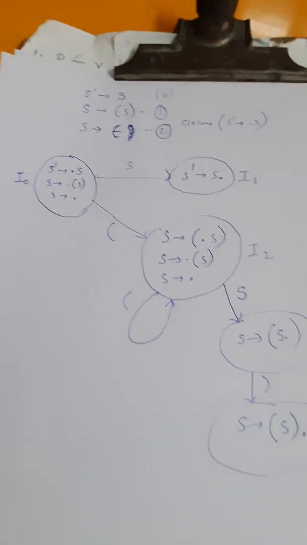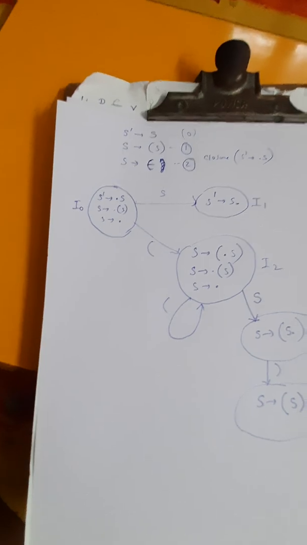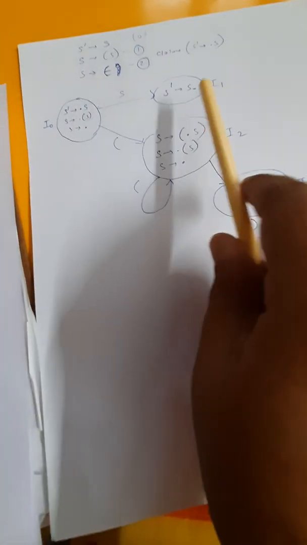Next, for construction of the parsing table, again we must look into this diagram. Now in this diagram how many states are there? 0, 1, 2, 3 and 4. So these are the rows of the table: 0, 1, 2, 3 and 4.